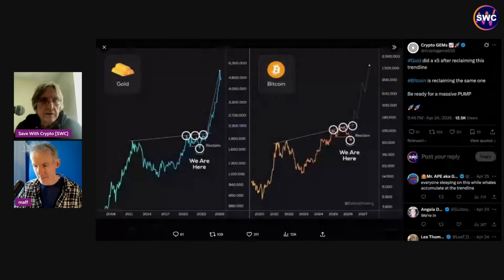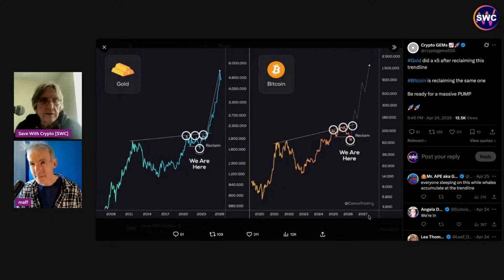I don't know if these things work out really, because you're looking at gold going from 2008 to this year, and then Bitcoin going from 2020 to this year. I don't know if these mean anything. It'd be fun if it did, and then gold went up to 1.5 million. That'd be nice, wouldn't it? Anyway, I just thought I'd mention that.